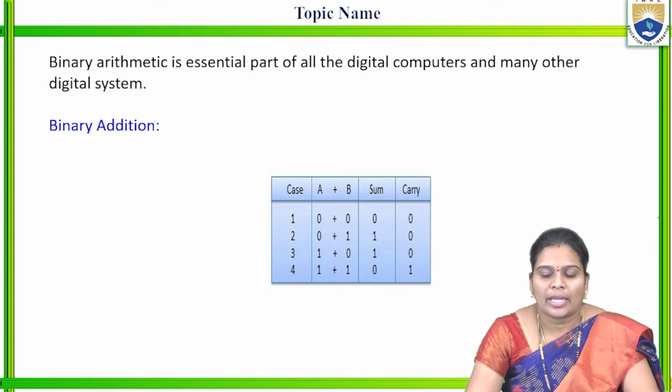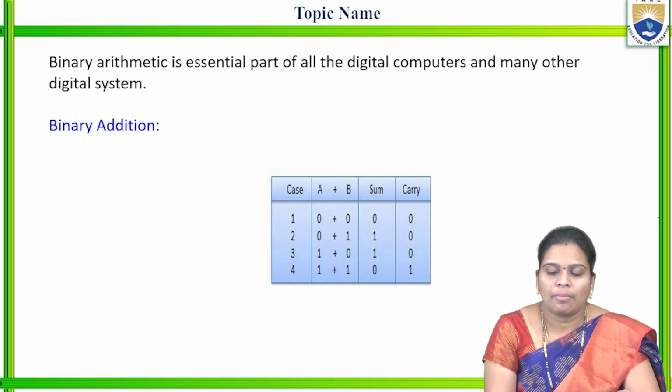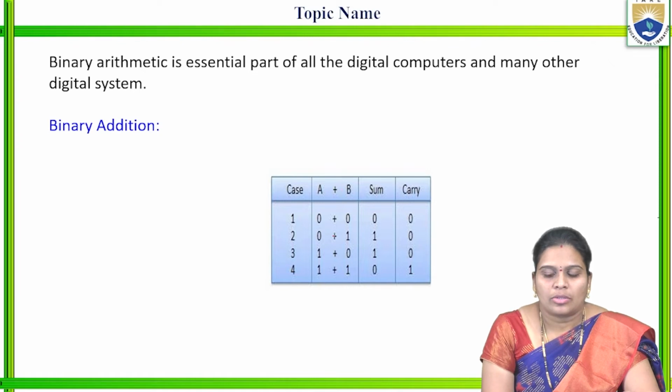In binary addition, we are taking two input values, A and B. With two inputs, there are 2 power 2 equal to 4 combinations in total. In binary addition we use the plus operation, adding the two bits.